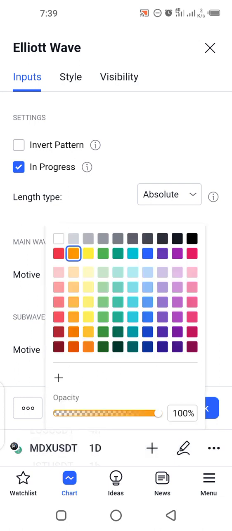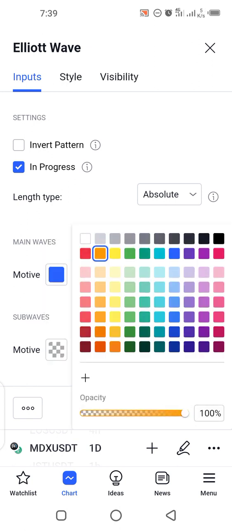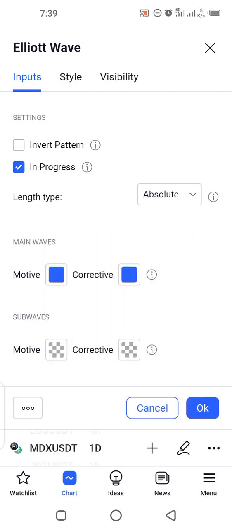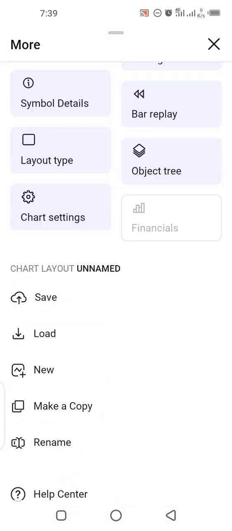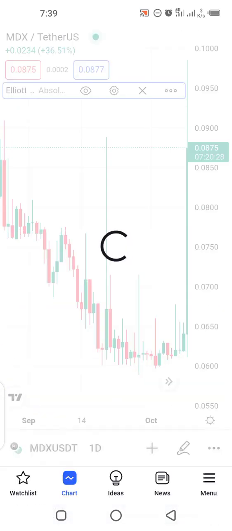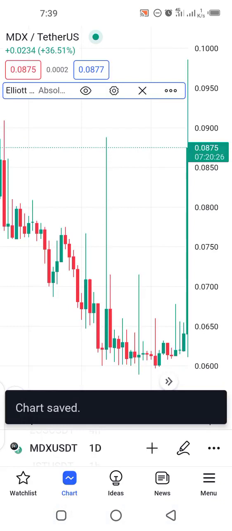So we tap on motive and bring the opacity down to 0. Now we remove the motive and the collective wave. We tap on the 3 dots, save as default and press OK. Then we also tap on the 3 dots and save our chart. There we go.